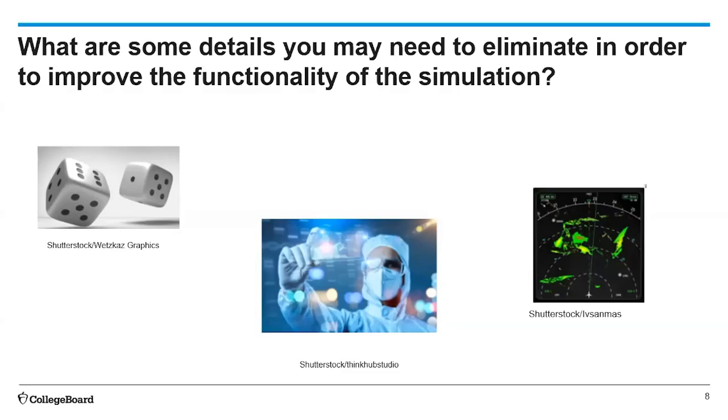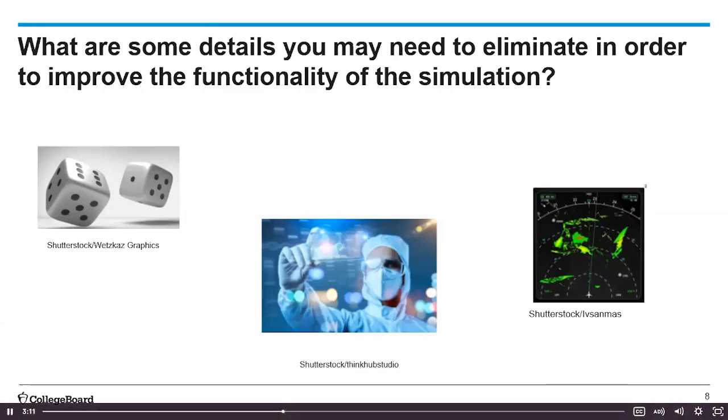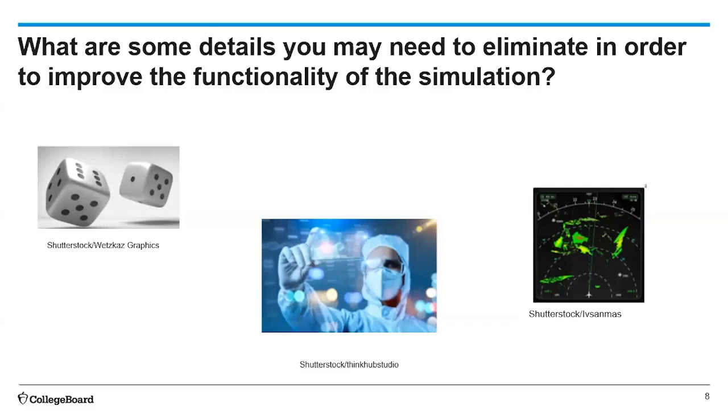You're dealing with the person throwing it, the thrust, the gravity, the momentum. Those are some of the things you're not going to use in your simulation most likely. Let's face it, if you're doing a piece of code to randomly generate a roll of a die, you're not worried about the gravity or the momentum or the weight of the dice.